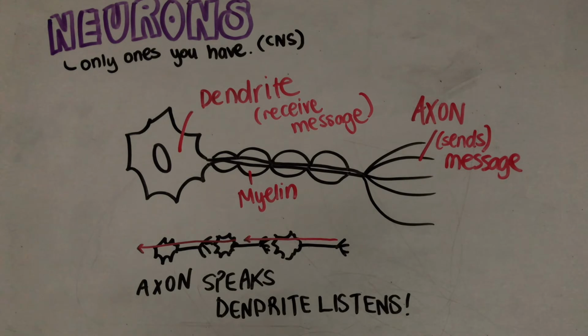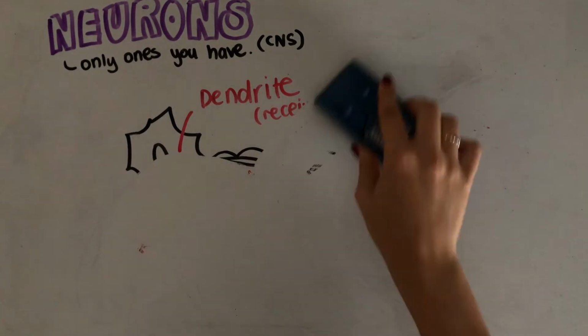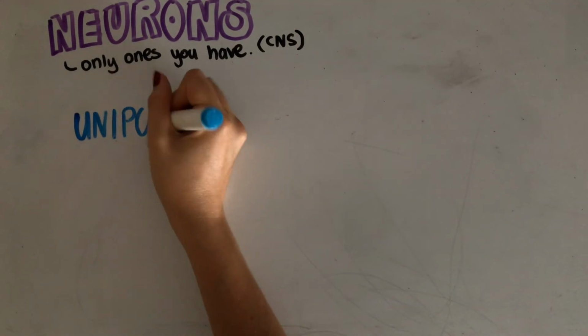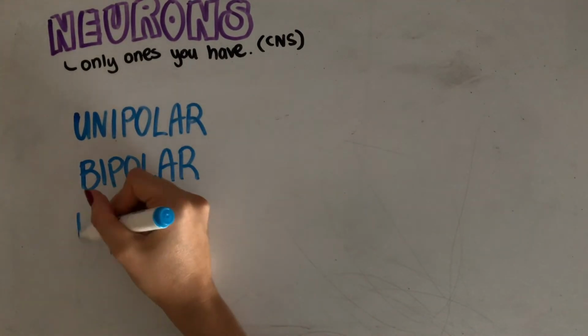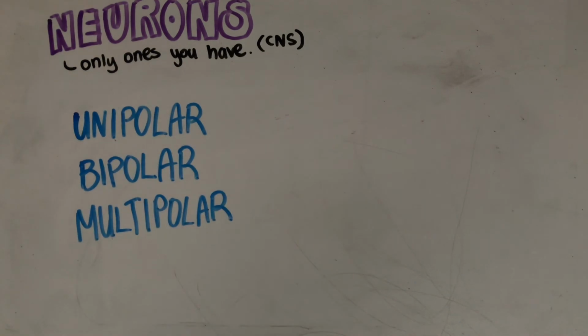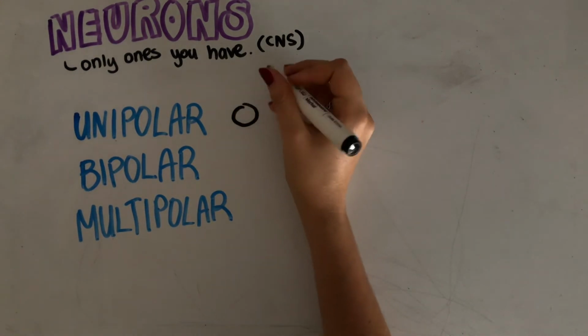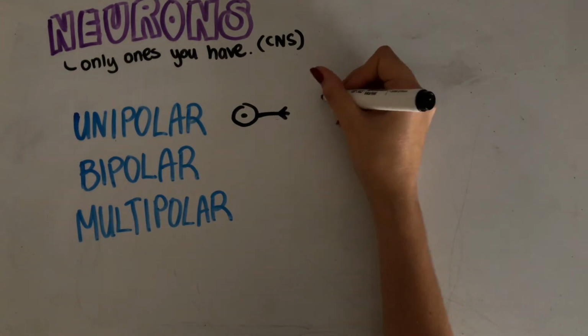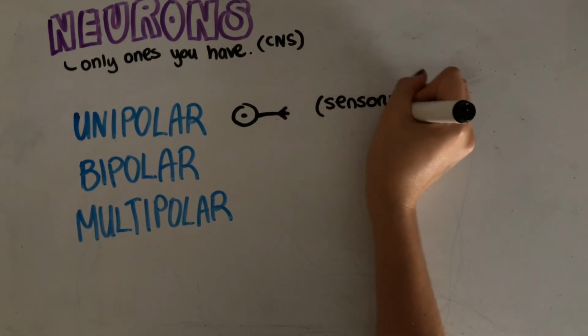And so if you sort of think of it, the more dendrites you have, obviously the more information you're going to be able to receive. And so that sort of helps me with remembering the different types of neurons, which I'll go into now. So the neurons I'll cover are unipolar, bipolar, and multipolar. So starting off with unipolar, these just look like your typical neurons, and they're just normally very generic sensory neurons.